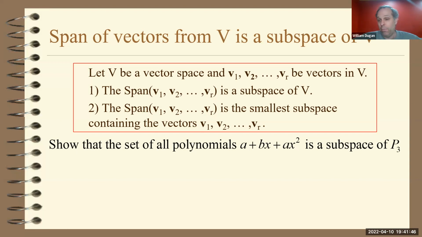So we did a problem like this before. I want to show the set of all polynomials a plus bx plus ax squared is a subspace of P3. Notice that to be a subspace, I don't have to have a polynomial of 3rd degree. It just has to be contained inside the set of polynomials of 3rd degree. This is clearly a span.